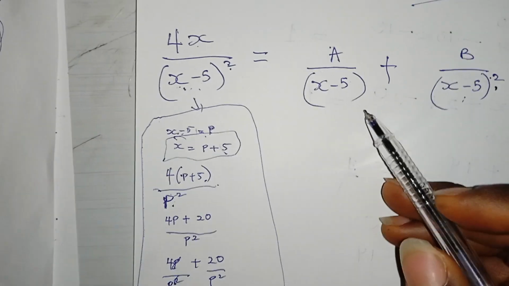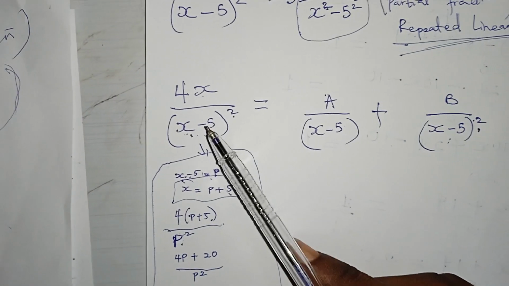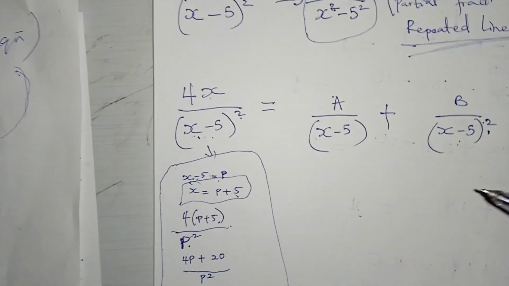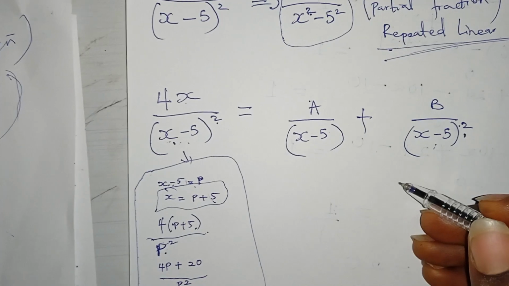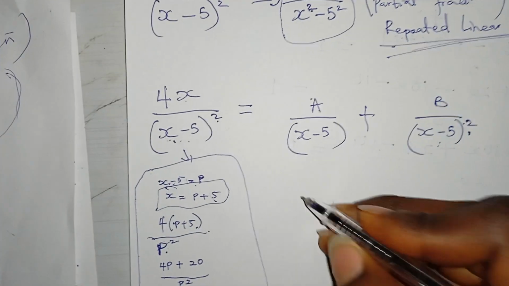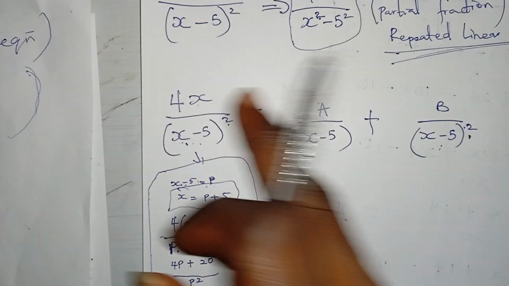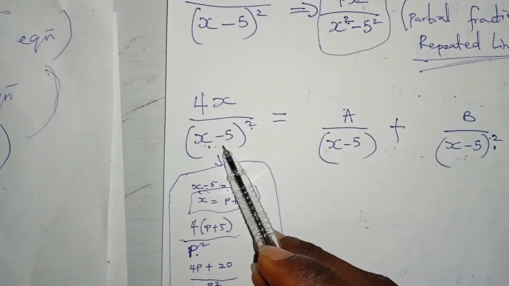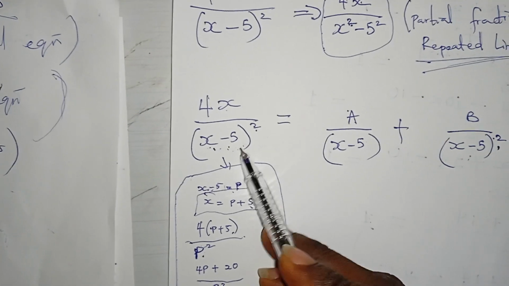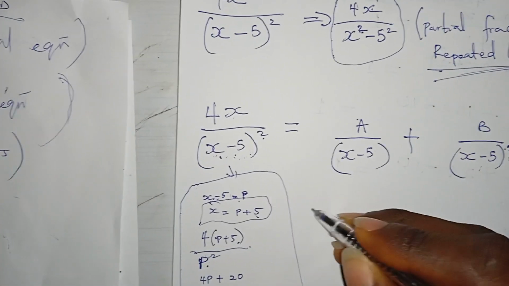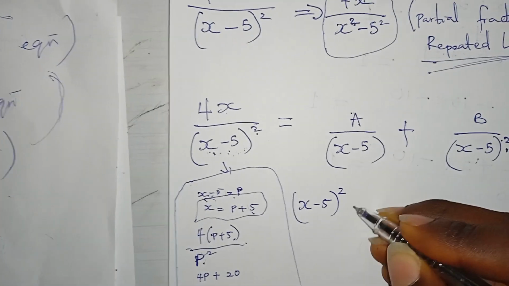If I were using the cover-up method, I would ignore this, then come to this part and start doing whatever I'm doing. But this time around, I want us to use comparing coefficients. By comparing coefficients, both sides will be multiplied by the denominator, which is (x minus 5) raised to power 2.